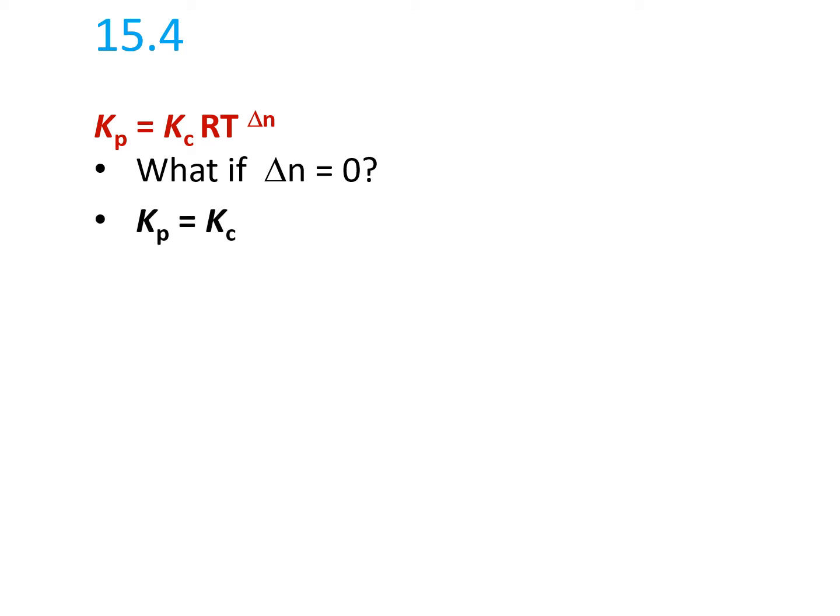Well, then what that means is that our equilibrium constant given the partial pressure of our gases is going to equal the equilibrium constant based upon the concentration of our gases. So that zero exponent actually only gets applied to the R and the T, I guess is the way you could think about that. So that's a little bit about that.